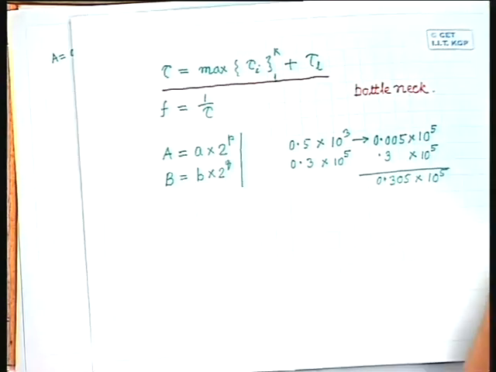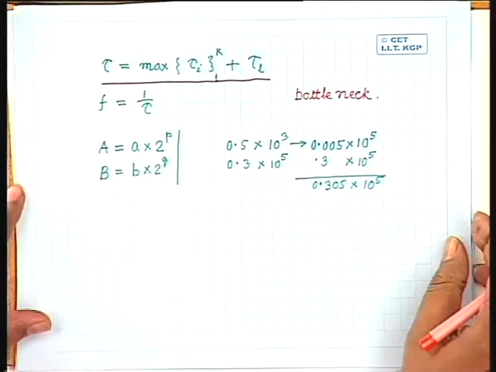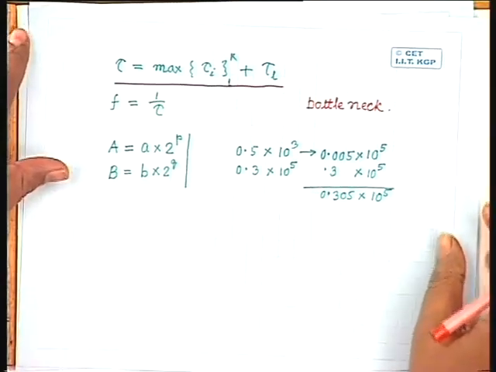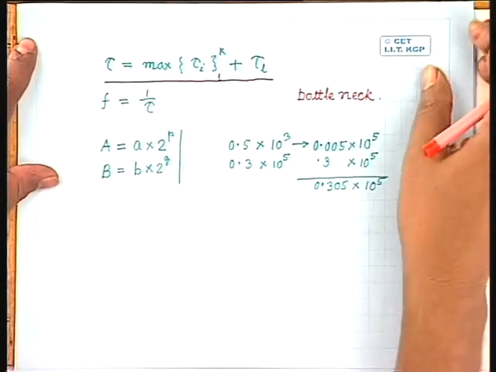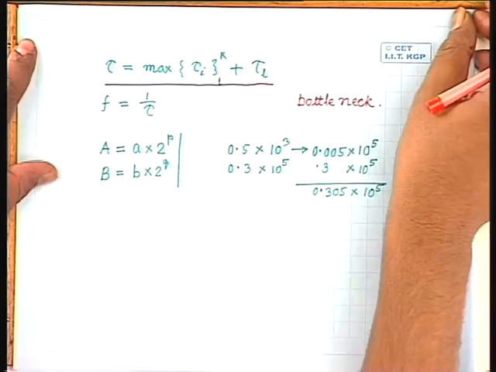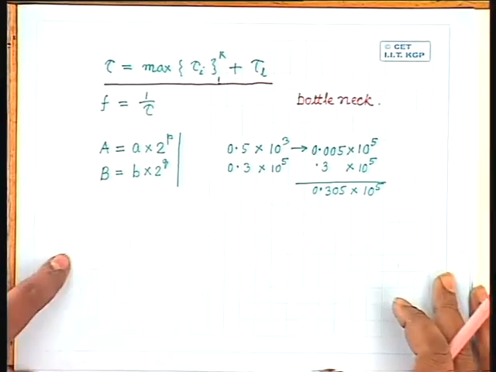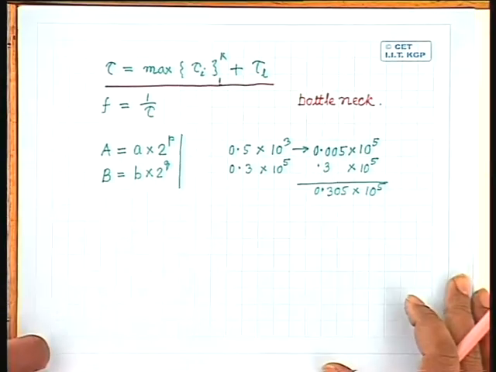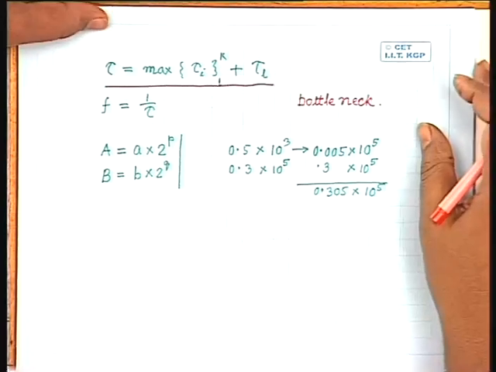So structurally, all the latches have to be identical. What do you mean by identical? Identical as in the same amount of data is going through the pipeline. So will the delays have to be the same? Delays have to be the same. But ideally what we assume is all these are synchronous circuits, all the latches.